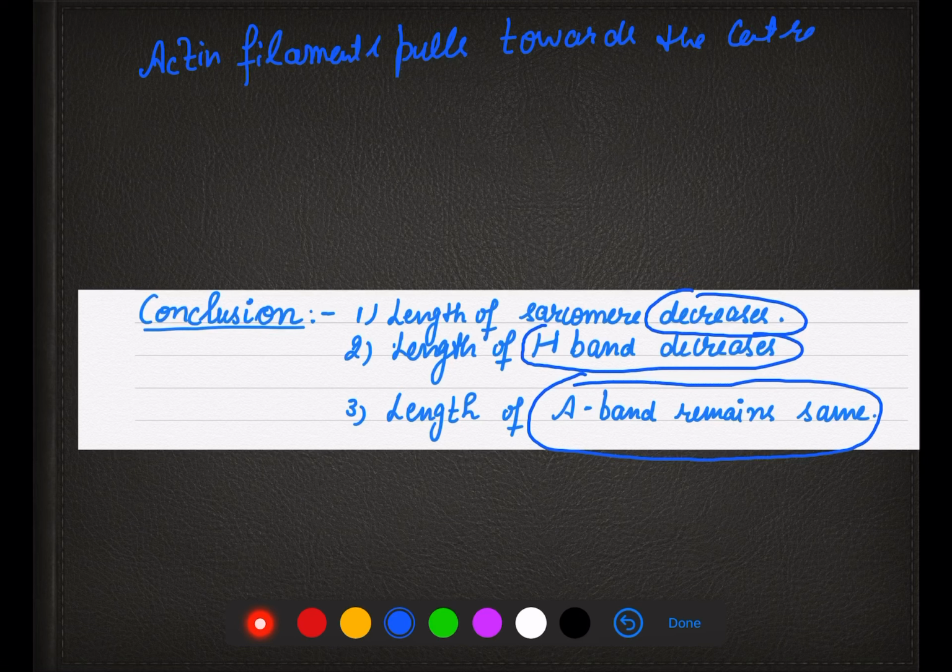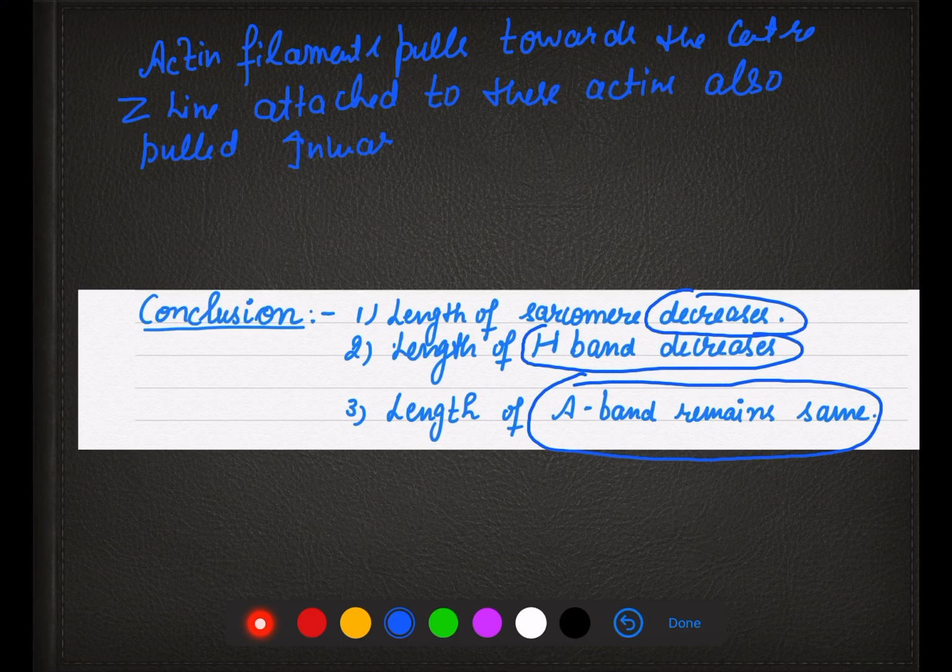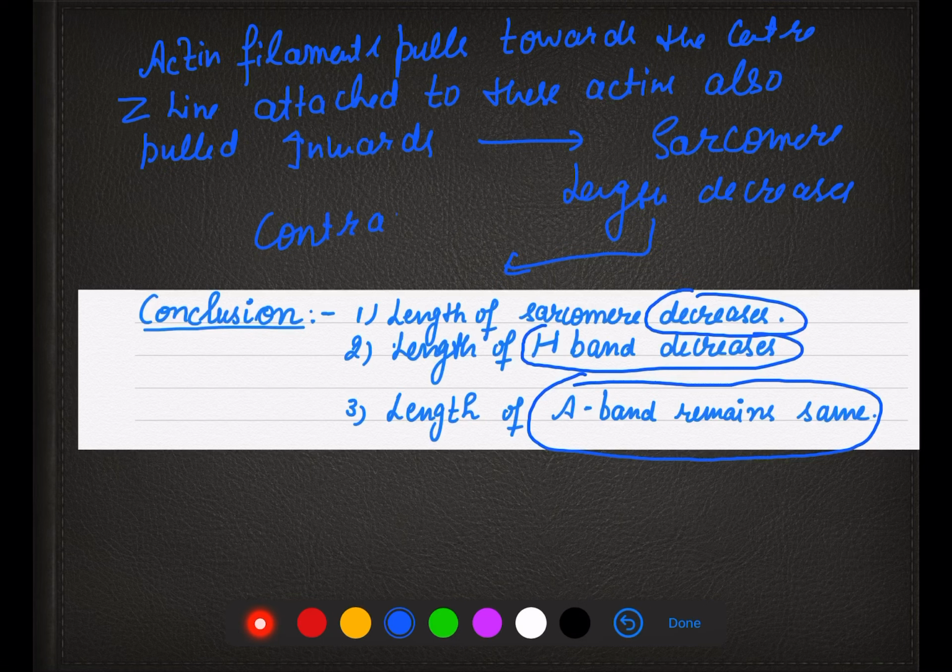Now the Z line attached to these actins, the Z line is also pulled inwards. So will the sarcomere be shortened or not? Yes, sarcomere length decreases and this is called contraction.